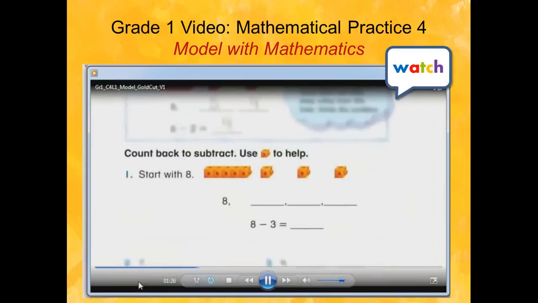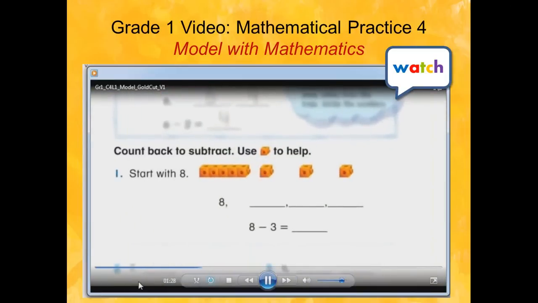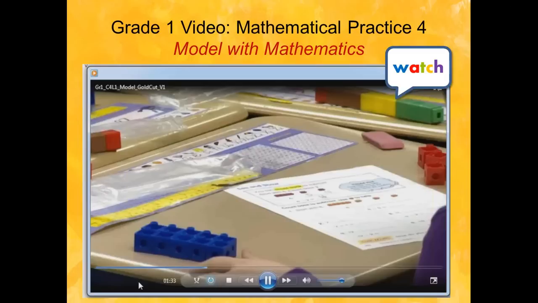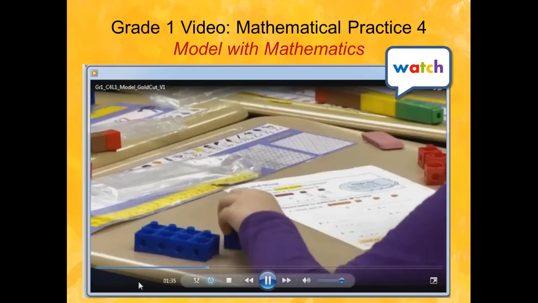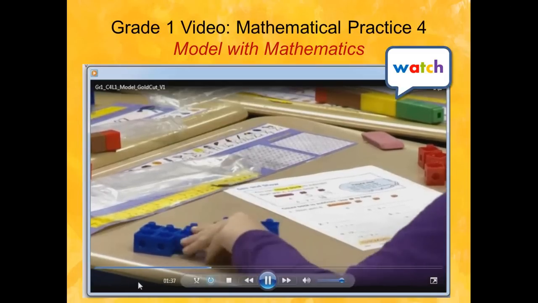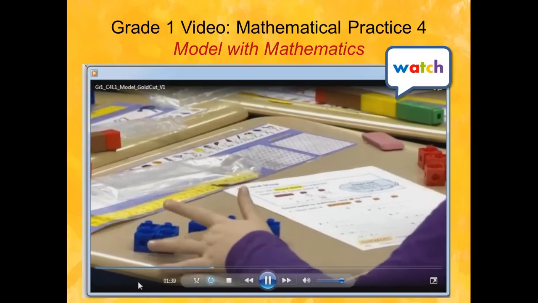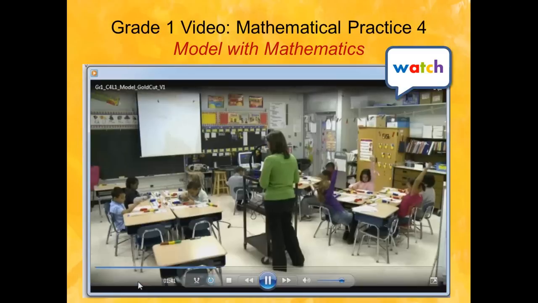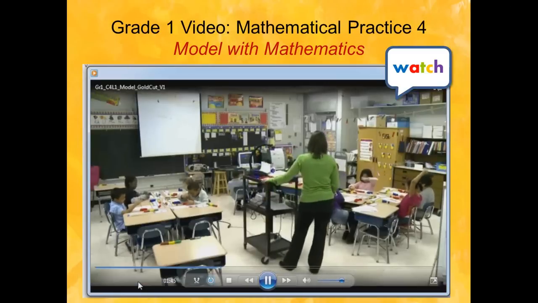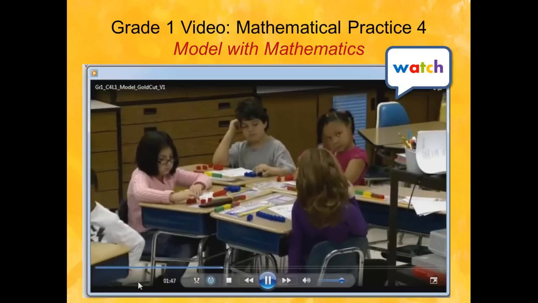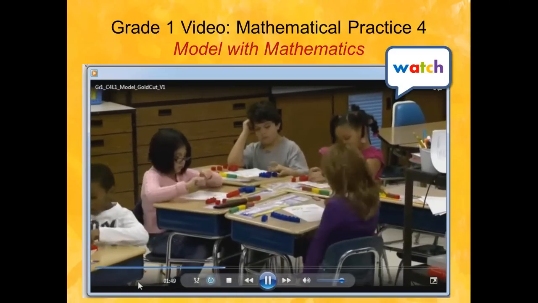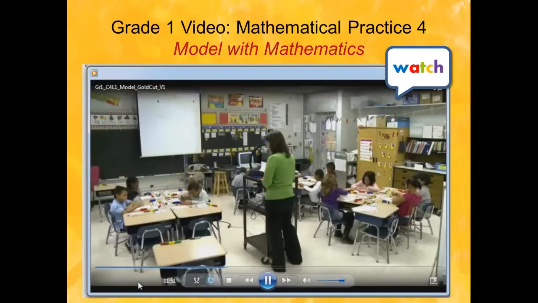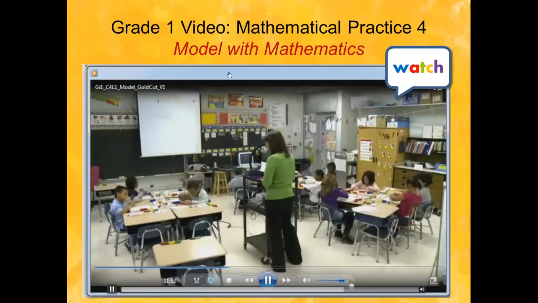I'm counting back. So now let's look at number 1. Number 1 tells me to start with 8. So 8 cubes. Now we're going to count back. How many do they want us to take away for number 1? Look at number 1. Haley? We're going to take away 3. So when we have our 8, we're going to count back each time.